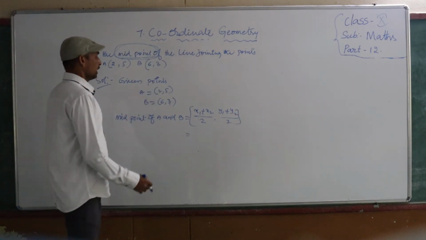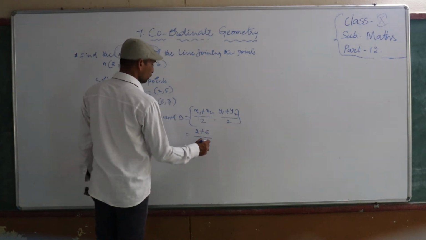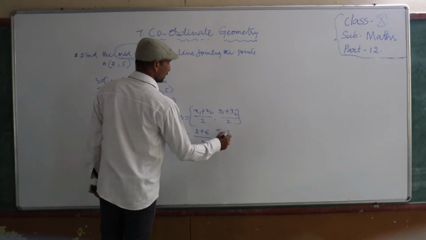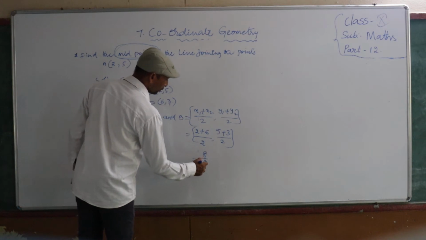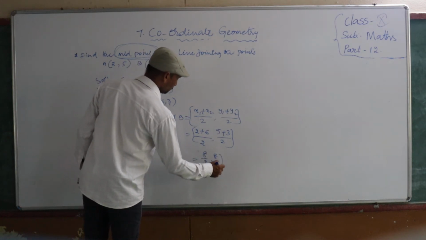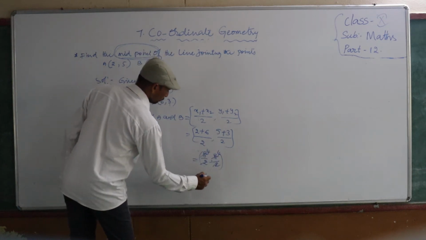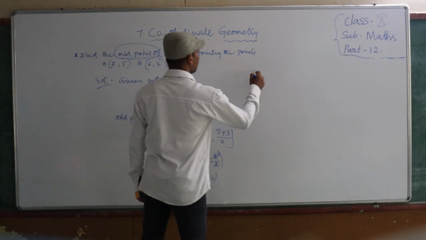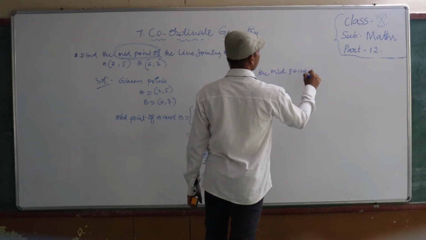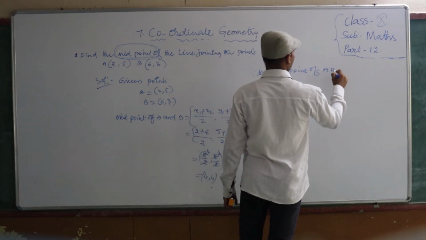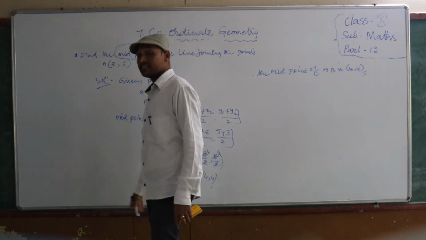So this is x1 = 2, x2 = 6 by 2, 5 plus 3 by 2, that is equal to 8 by 2, 8 by 2. Two 4s are 8, that is equal to (4, 4). Therefore, the midpoint of AB is (4, 4).